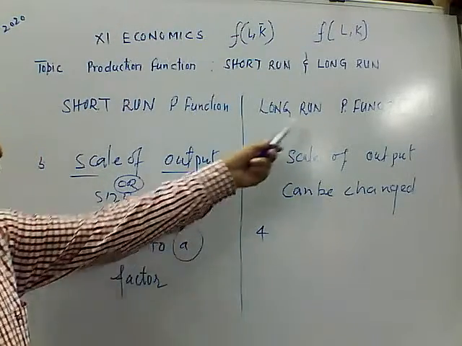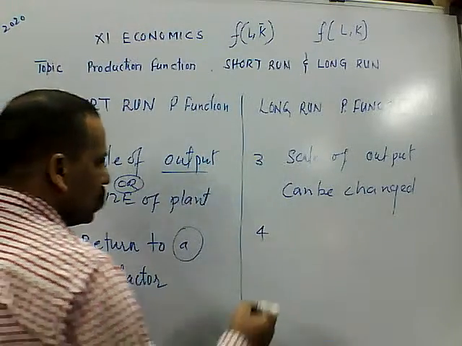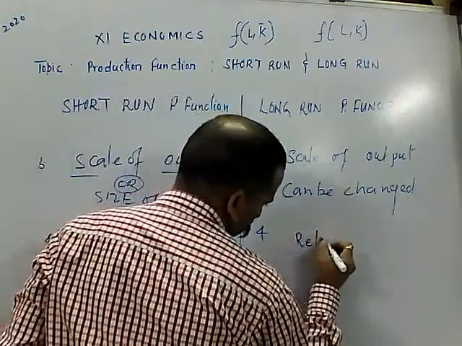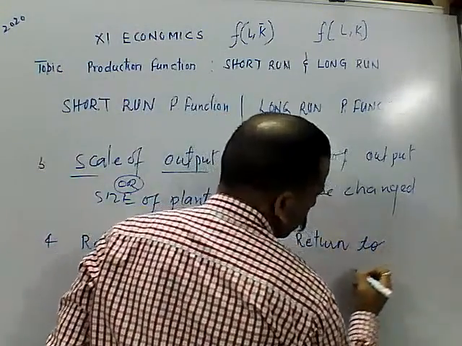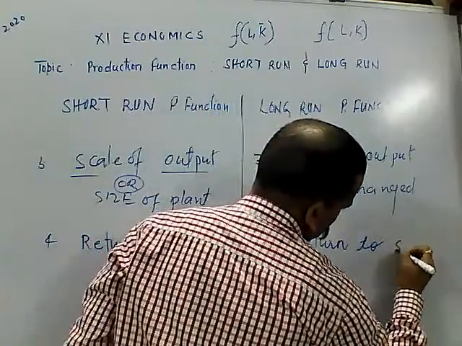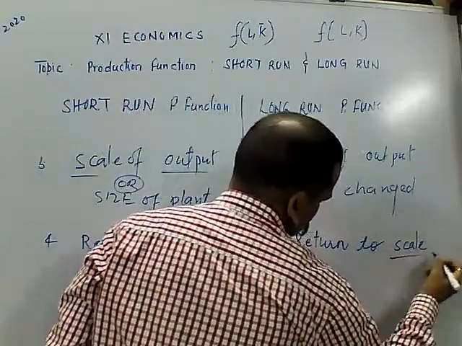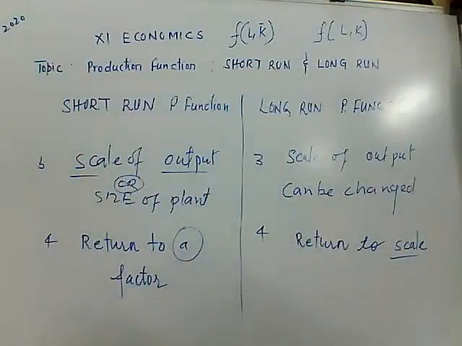and whereas in the long-run production function, return to scale. On a large scale means you can change your factors of production.